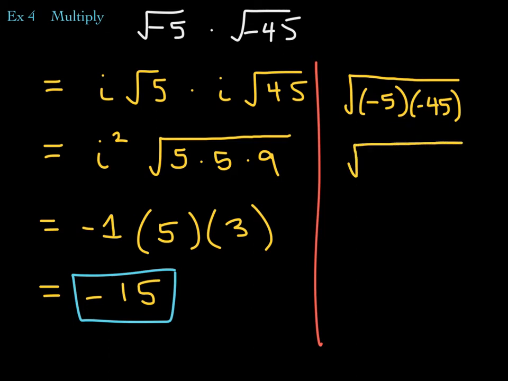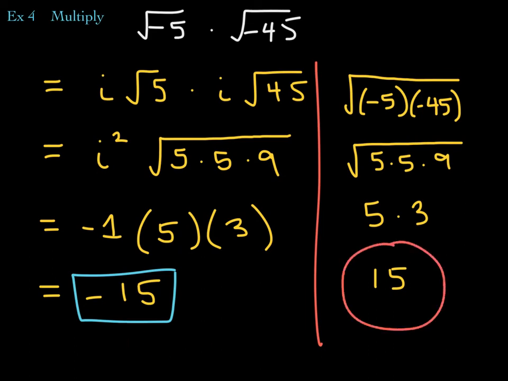So now your radicand is positive, and you have 5 times 5 times 9. The square root of 25 is 5, and the square root of 9 is 3, and you get positive 15. Obviously, positive 15 is different than negative 15, and this is the wrong answer.